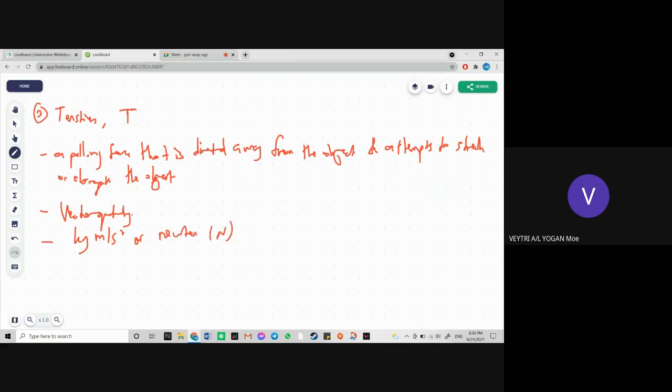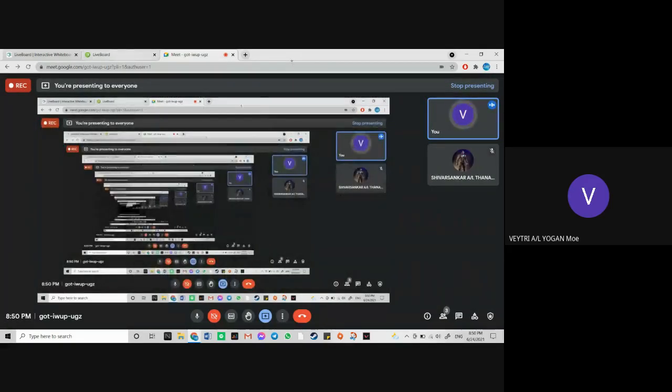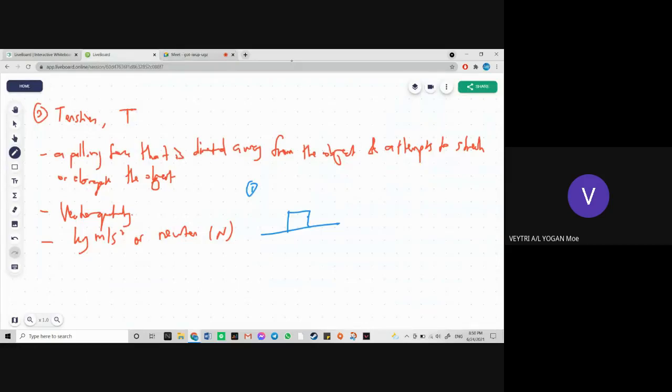Okay. Now, let me just explain a couple of cases for you guys to identify tension force. Number 1, let's say an object is on a table and there's a string pulling the object. As per the definition, we are talking about a pulling force that is directed away, right?